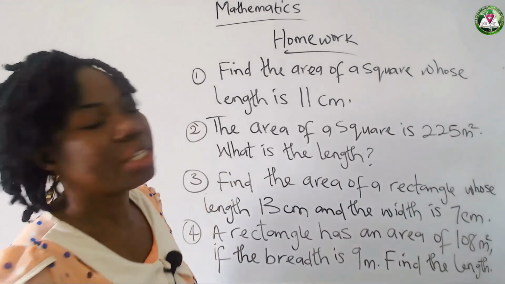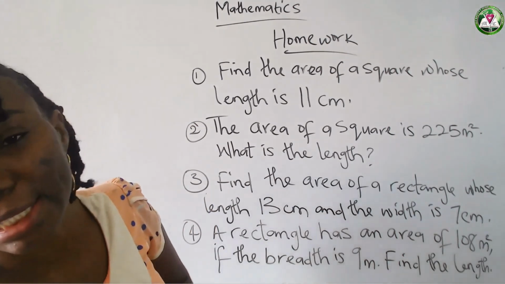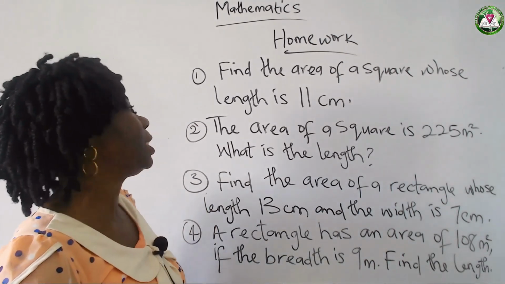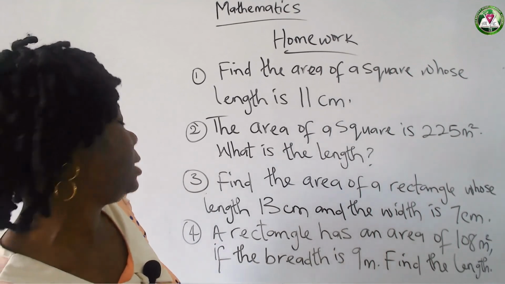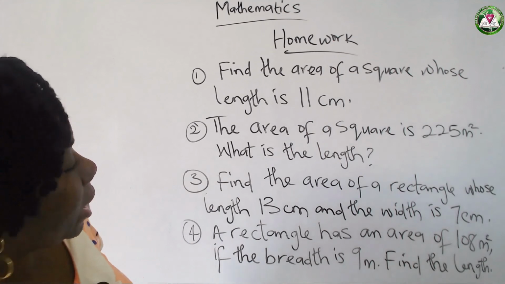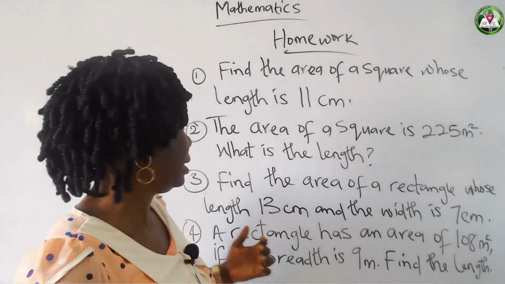The first question is, find the area of a square whose length is 11 centimeters. Number 2, the area of a square is 225 meters squared. What is the length? You have to find the length.